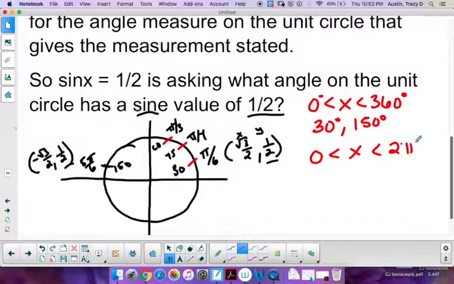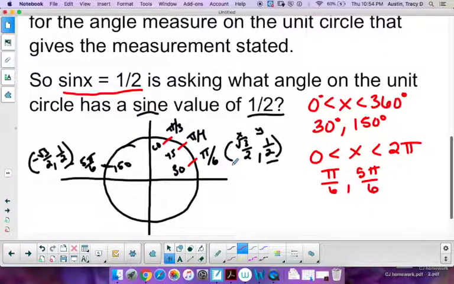I'm looking for a radian measure of an answer to this equation. So in radians, where does sine equal 1/2? Well, that's pi over 6 and 5 pi over 6. But again, you will need your unit circles, all three of them, because you will need to know the coordinates that go with the radians that go with the degrees.